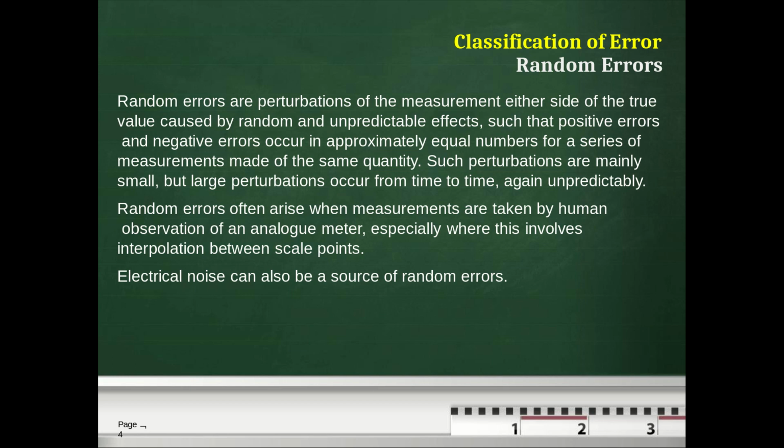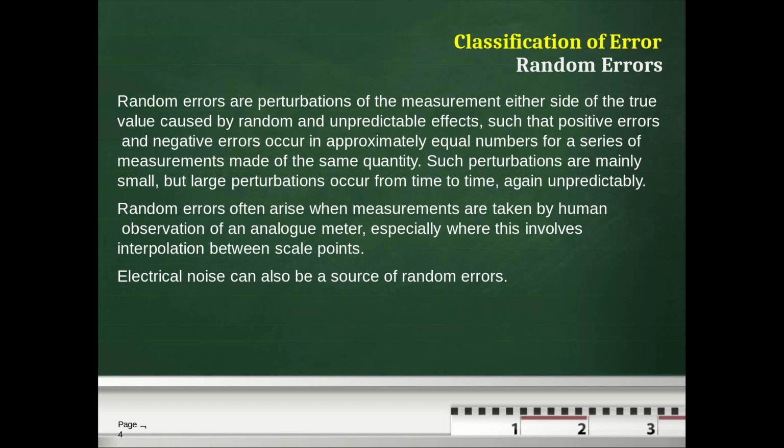It's almost equal for a series of measurements. So if you measure the same quantity again and again, you find that the random error repeats itself. Such a perturbation may be small, but sometimes it can occur from time to time as a large perturbation, okay?